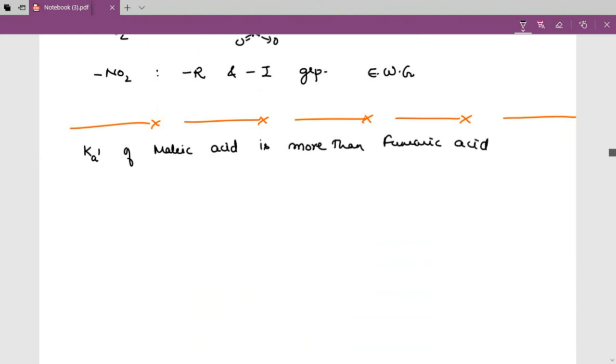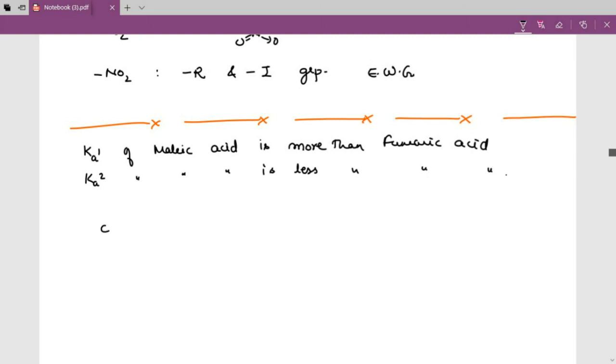Okay, Ka1 of maleic acid is more than that of fumaric acid. But Ka2 of maleic acid is much less than that of fumaric acid. Now let me explain why.